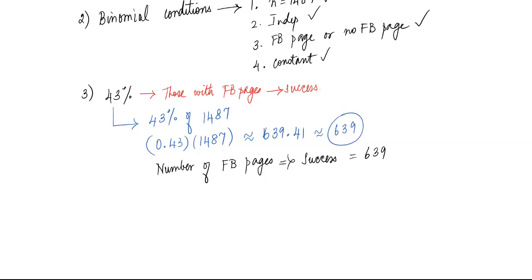So p hat is 639 out of 1487, because p hat is the probability of success here. For q hat, you do 1487 minus 639, the remaining folks, those who did not have an FB page. So you have to do the subtraction. It's 848.